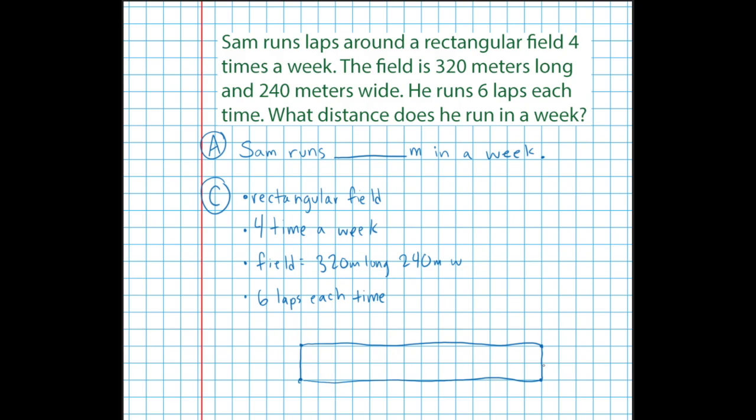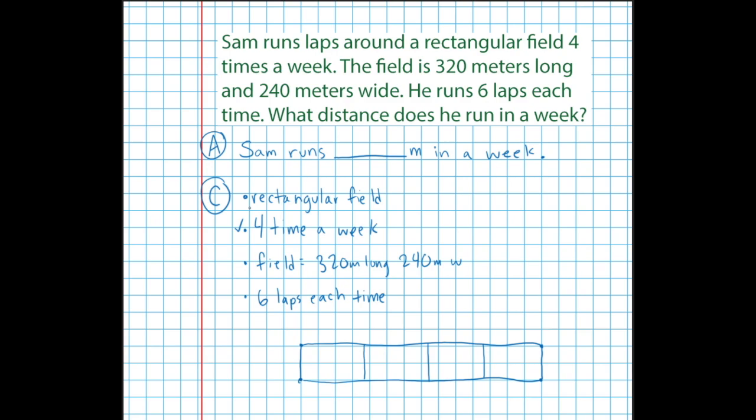So if I want to break this rectangle into 4 pieces, I need to make 3 cuts on it. So here we go. 1, 2, 3. And now there you see I have 4 pieces. And that's going to be my 4 times a week. So I'm going to go ahead and check that off on my clues.